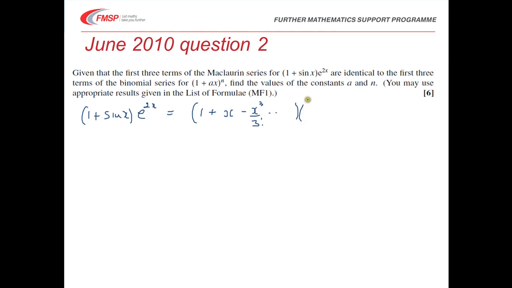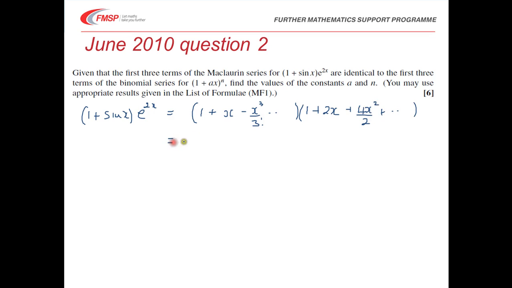And then the formula for e to the x is going to be 1 plus x plus x squared over factorial 2, but everywhere we have an x, we're replacing it by a 2x. So we'll have 1 plus 2x plus (2x) all squared, which is 4x squared, over factorial 2, which is 2.